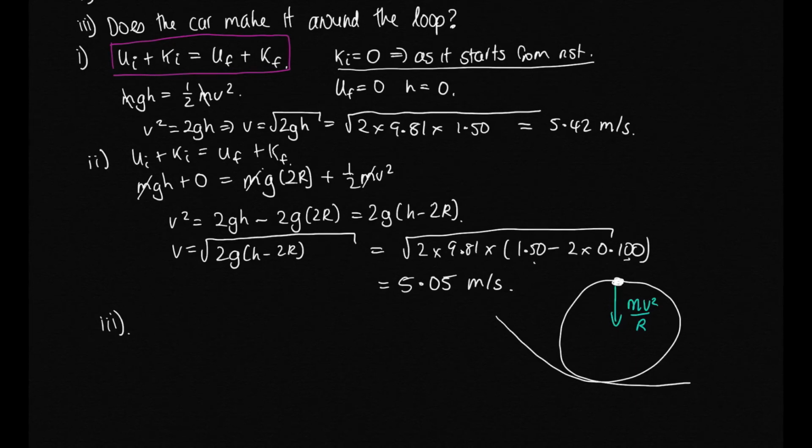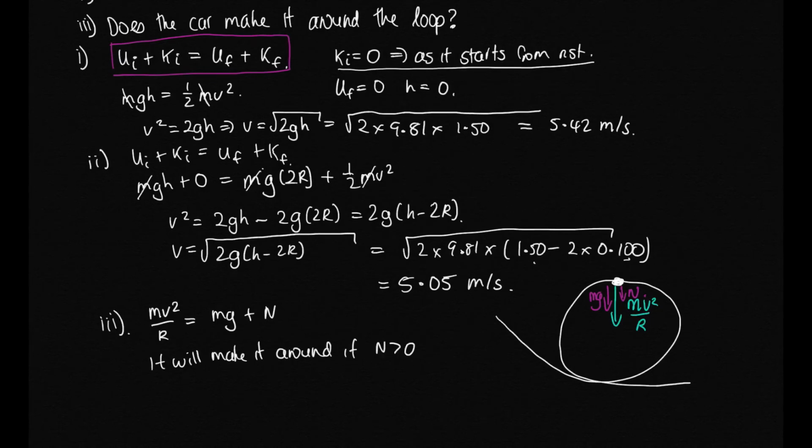And that comes from a weight force, mg, and a normal force. And we have that the net force mv squared on r is equal to mg plus the normal force, and it will make it around if the normal force is greater than 0.